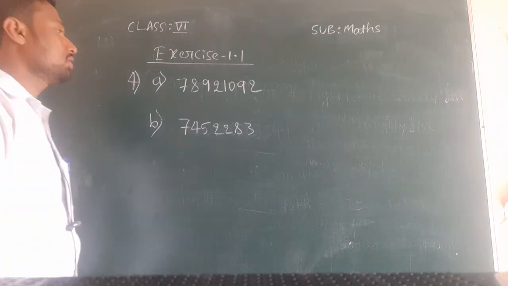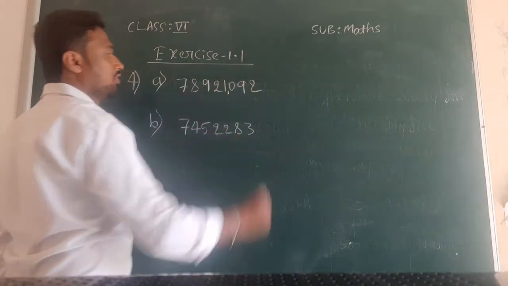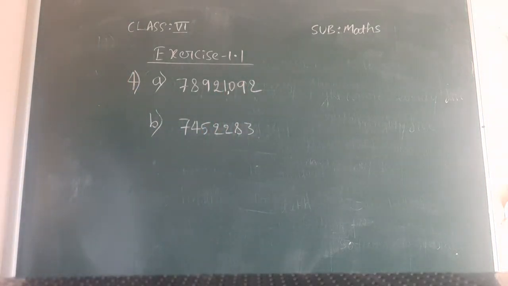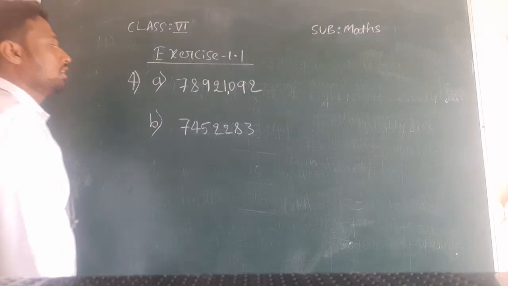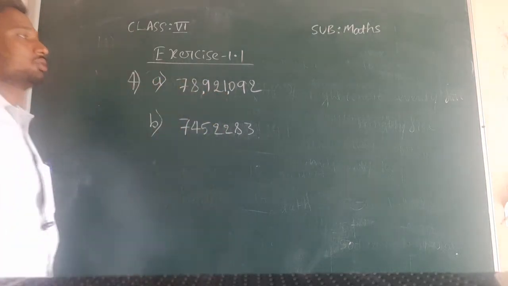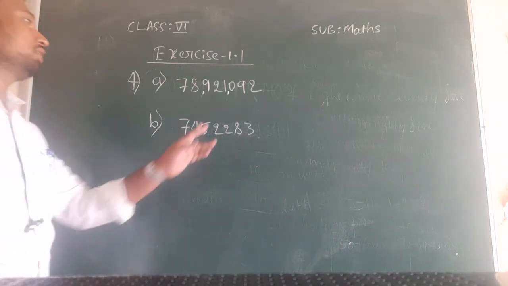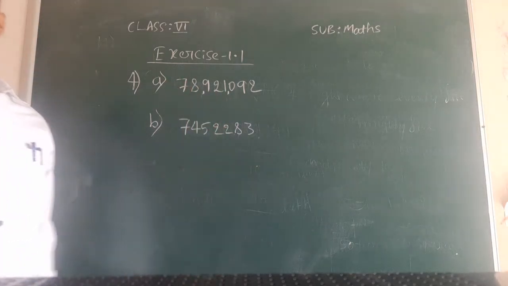Okay, so how to use them here? First, after 3 digits we will use a comma, which indicates the hundreds value. After that, it indicates the thousands value. Again after 3 digits we will use a comma. In the international system of numeration, we always use commas after 3 digits.